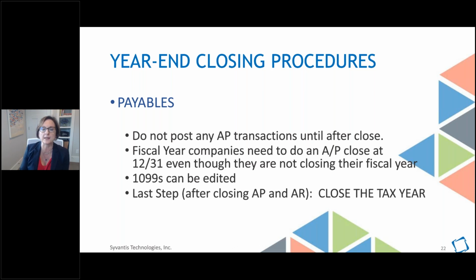The reason you're doing that is so that you can produce 1099s. Another thing to remember is 1099s can be edited, and the 1099 feature in GP actually works extremely well. So if you're not using it, I recommend you start using it, because it's very simple, easy to use, free, included with the system, why not? And then the last step after you've closed both AP and AR is to close the tax year.